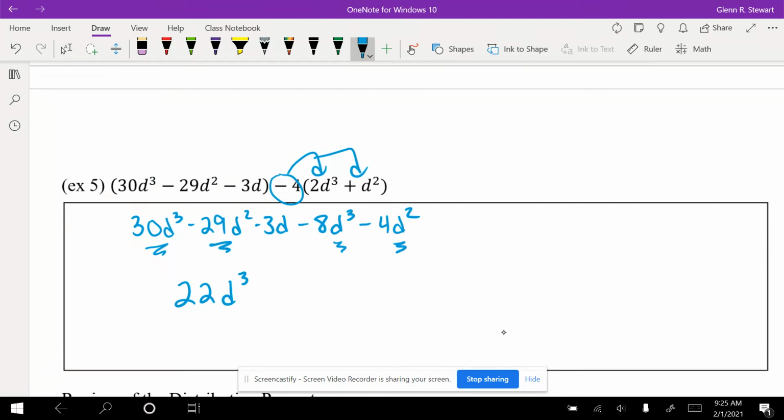This is going to be negative 33d squared, and then we'll just have minus 3d. Does anybody like to guess as to how to name this? Cubic trinomial, very good, yes. Cubic because the lead degree is 3, and trinomial because it has 3 terms.